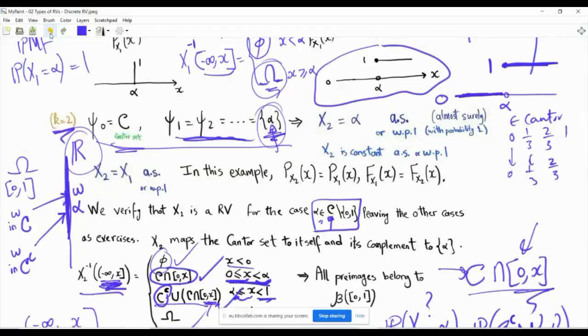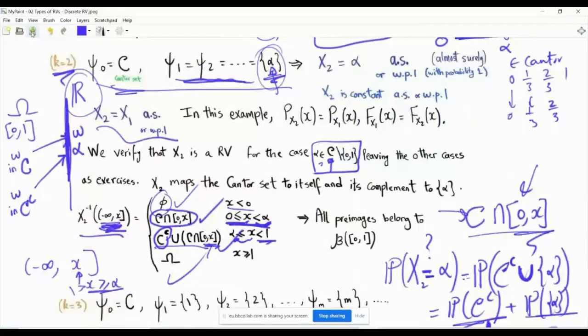But x1 and x2 are equal almost surely, or with probability 1. And from a practical perspective, that's it. I mean, x2 is alpha.